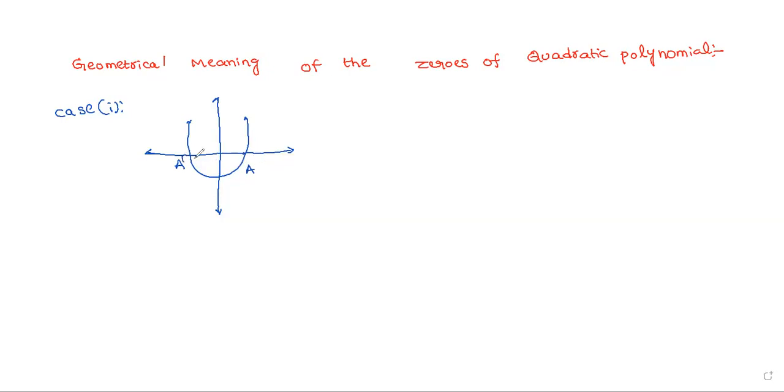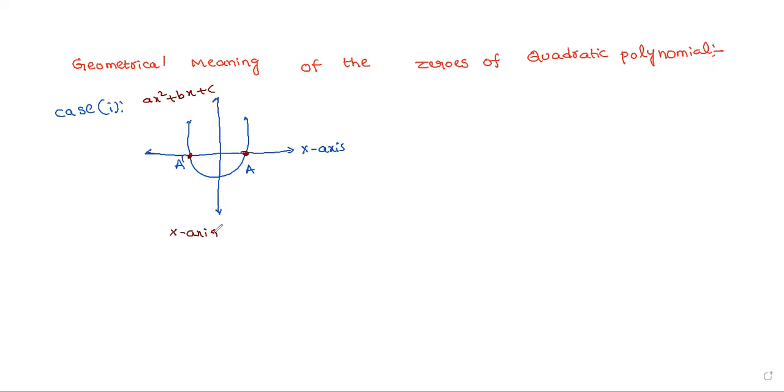If the graph intersects the x-axis at 2 points A and A dash, then the x-coordinates of A and A dash are the 2 zeros of the polynomial ax² plus bx plus c. So the x-axis intersects at 2 points.